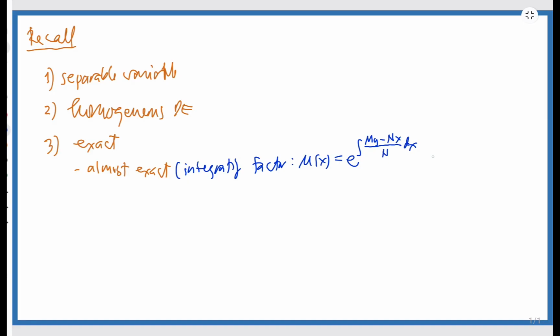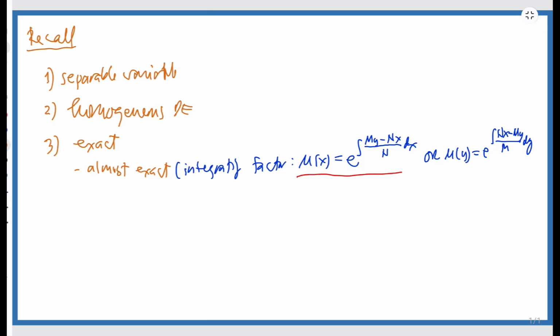Or, although we did not have an example of this, mu of y equals e raised to the power of the integral of partial of n with respect to x minus partial of m with respect to y, all over m, dy. So far, we have used only the integrating factor in terms of x.